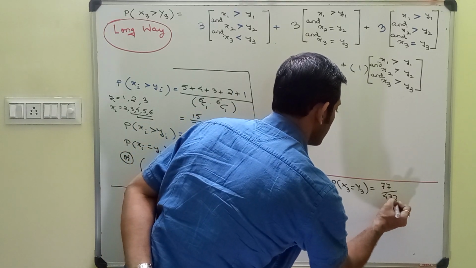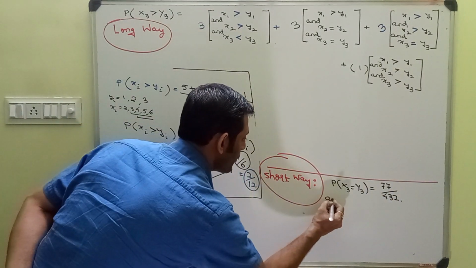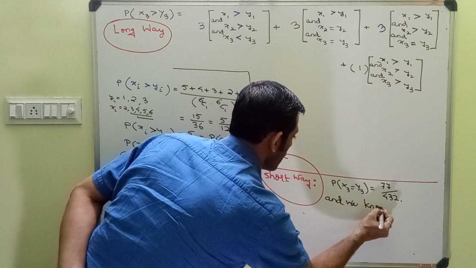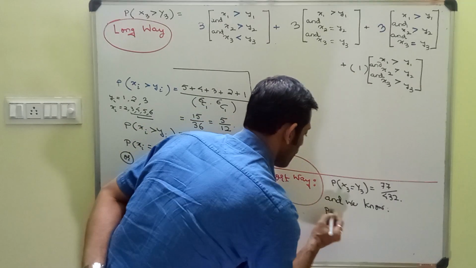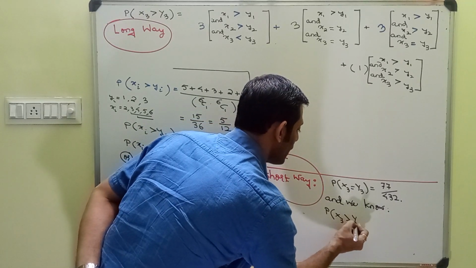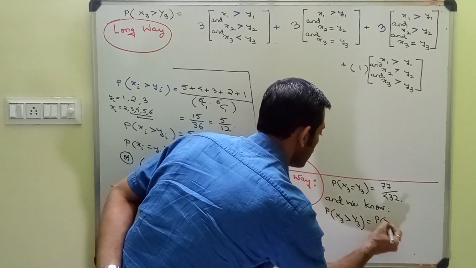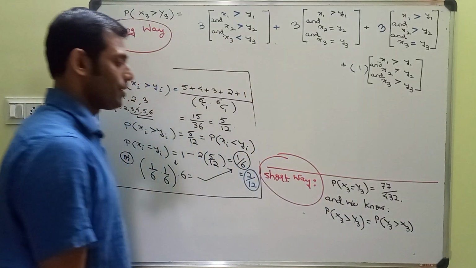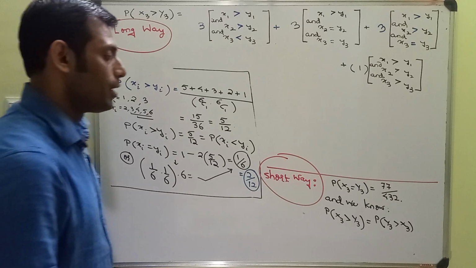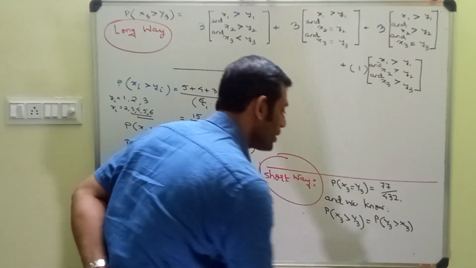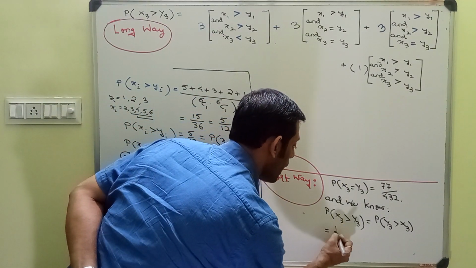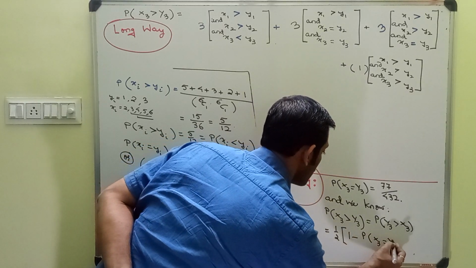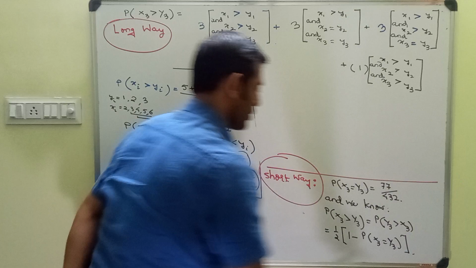And we know that probability of x3 greater than y3 is equal to probability of y3 greater than x3, and that is equal to half of 1 minus probability of x3 equal to y3.